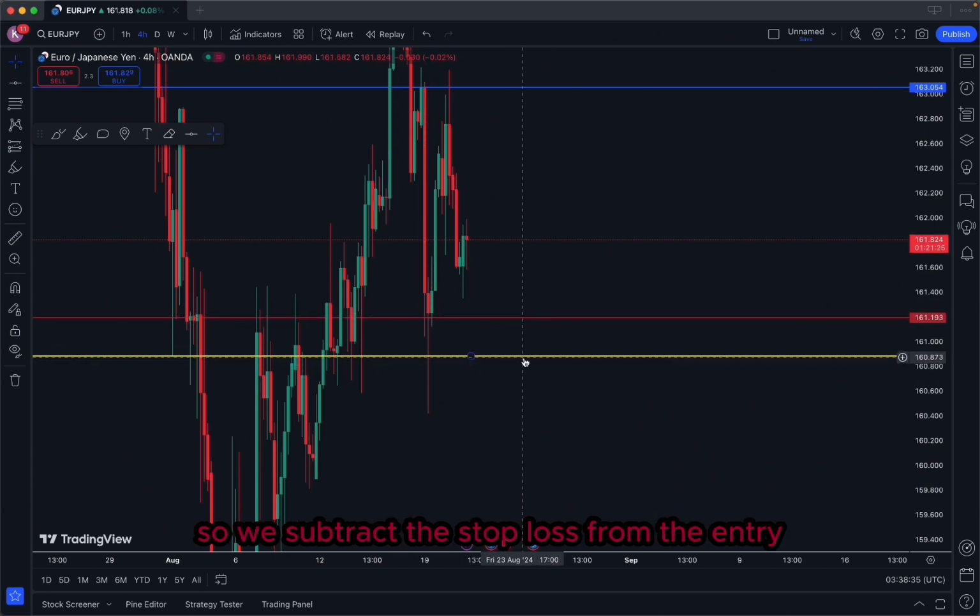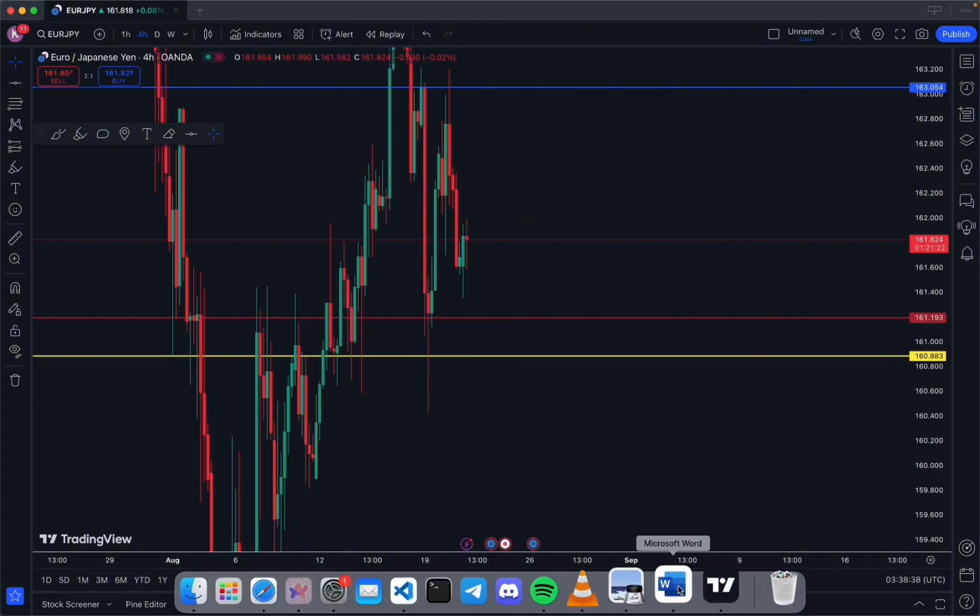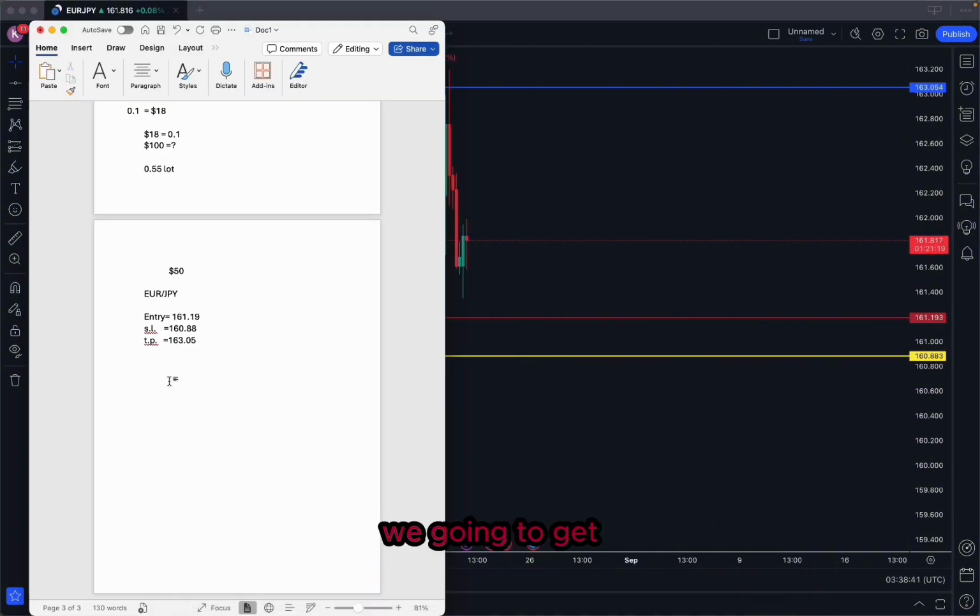So we subtract the stop loss from the entry: 161.19 minus 160.88.